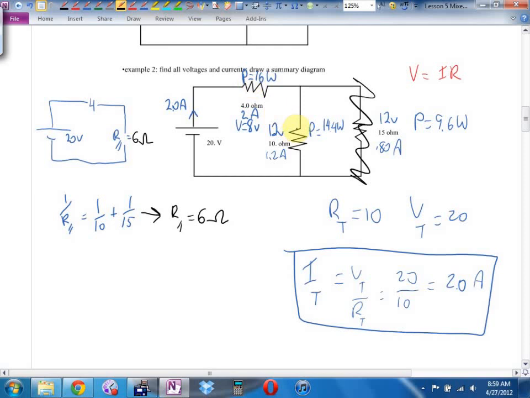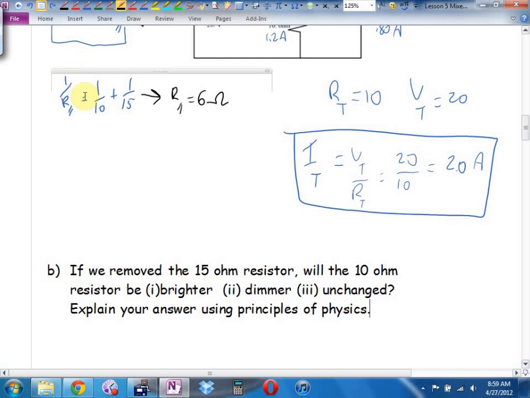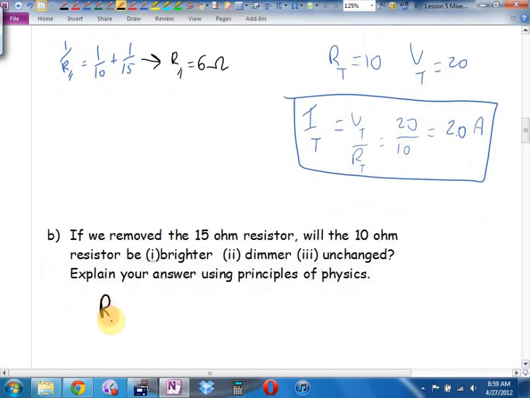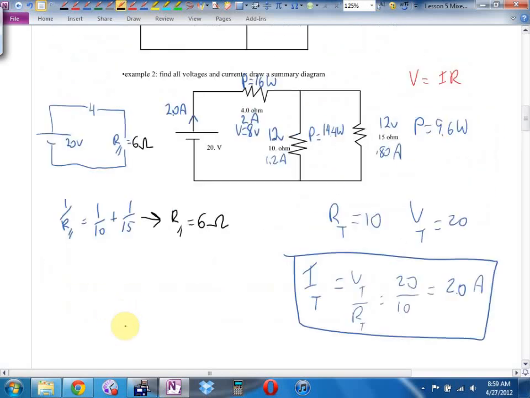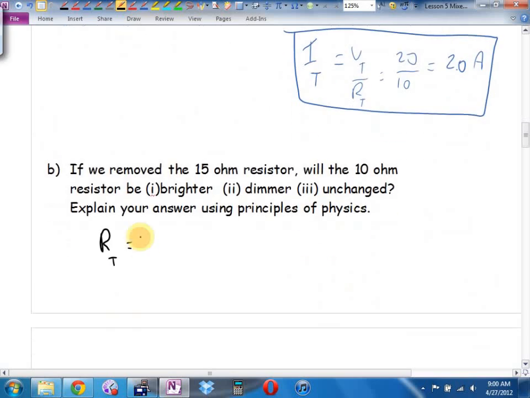Are they in series or in parallel? Oh, they're in series. So then, what would the total resistance of this circuit be now? Brett, 14 ohms.